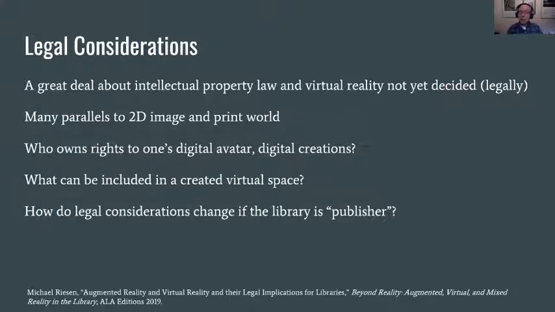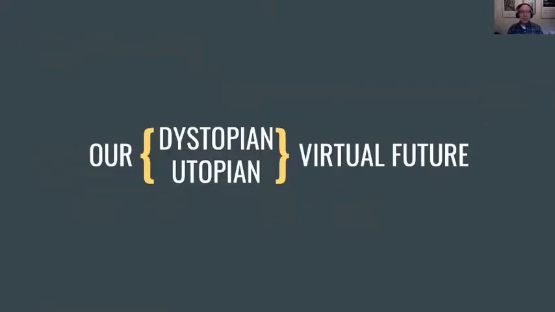And then if the library starts collecting and making these 3D objects available to others, and the library is suddenly a publisher of these worlds, does that change anything for the library? Again, I don't know that it does or doesn't, but each library ought to think about what this could mean for itself as it makes these things available.